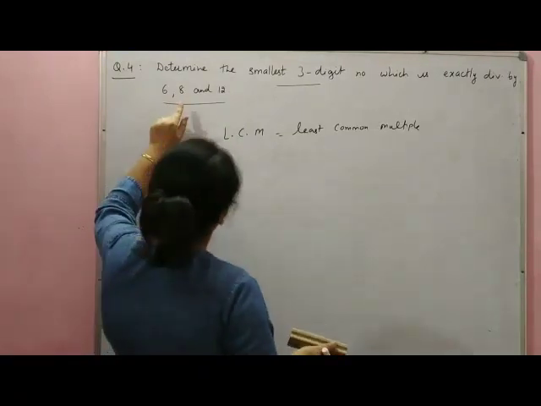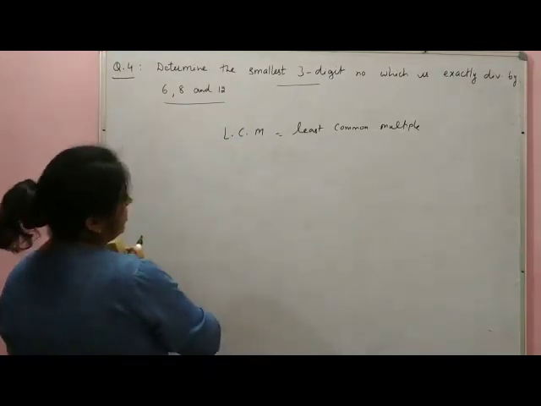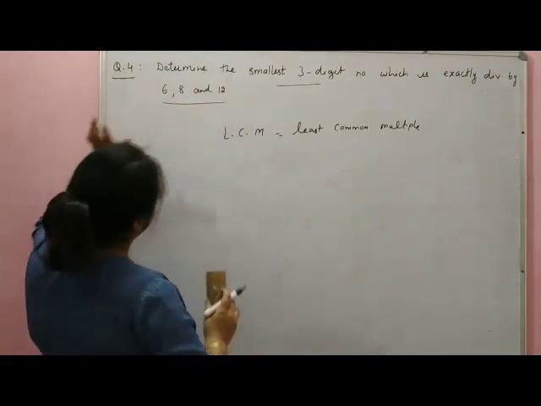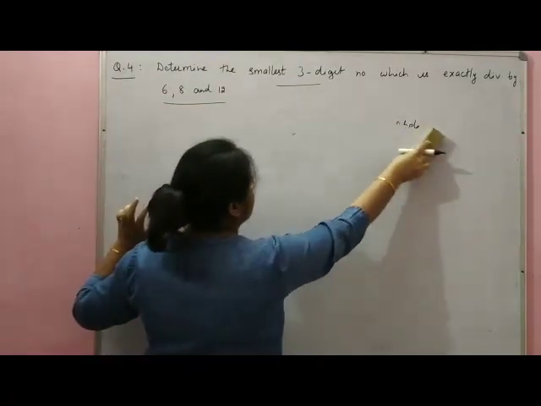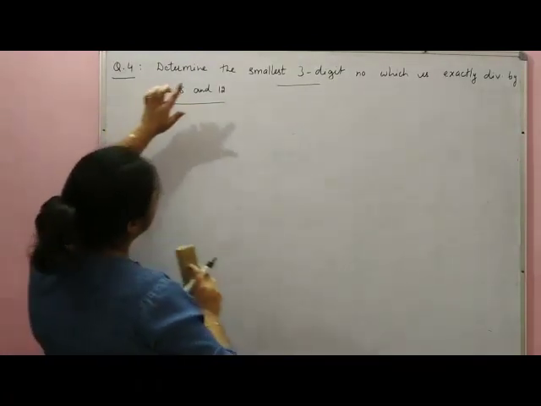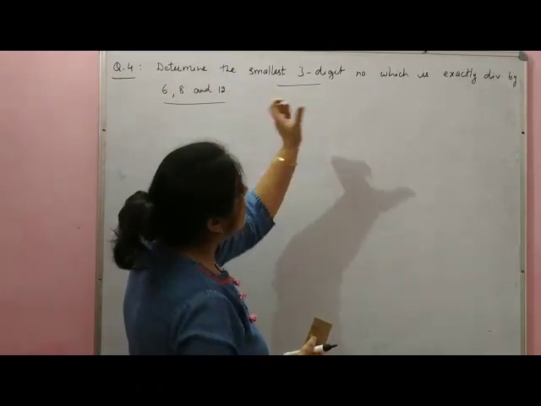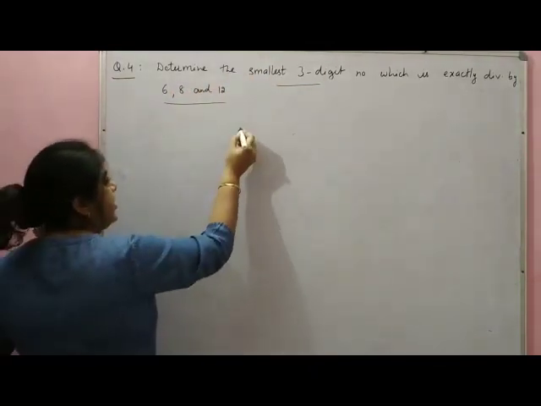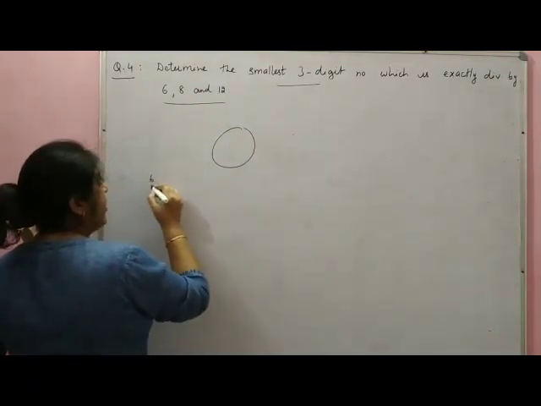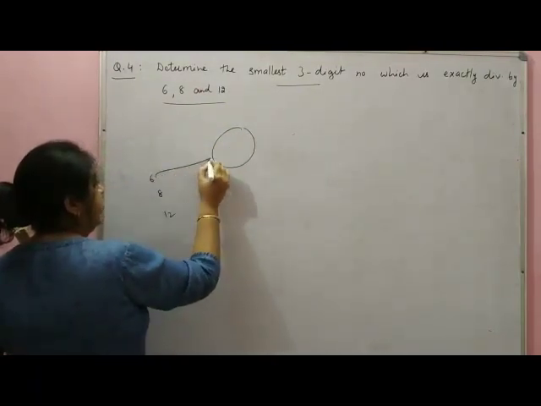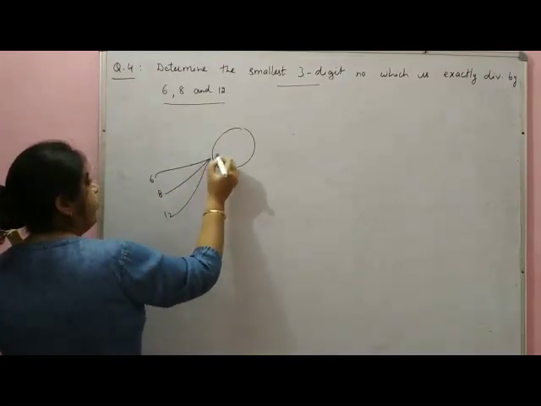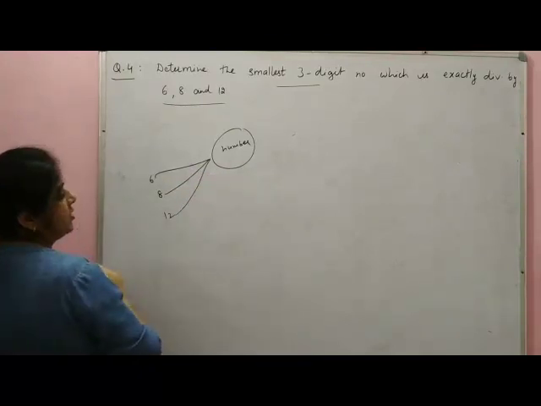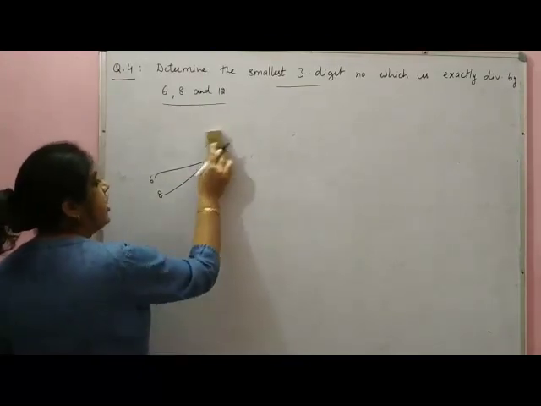Least common multiple is a number which is divisible by all the given numbers. So we have to find the LCM of these 3 numbers. Because we have to find the smallest 3-digit number which is exactly divisible by all 3 numbers, that is, divisible by 6, 8 and 12, we will go with the LCM.